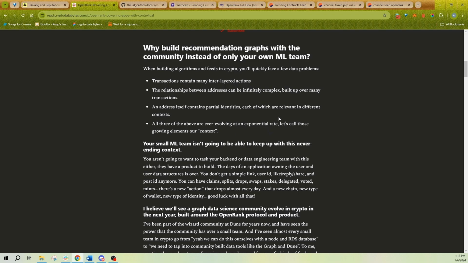Anyone who's been using Dune for a while probably loves that if there's some new trend happening, they can find someone else's work and just start from there. They don't have to build everything themselves. Dune is a community data platform because everyone is working together to put together this infinitely growing context on many different blockchains. Graph algorithms are probably going to be the same way.